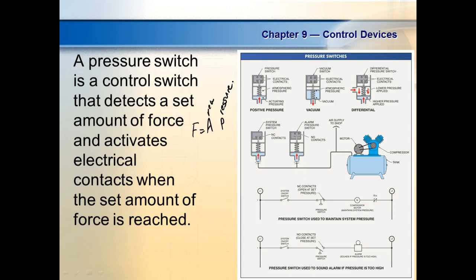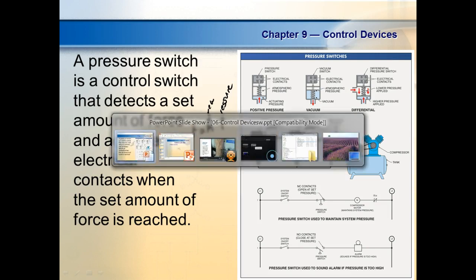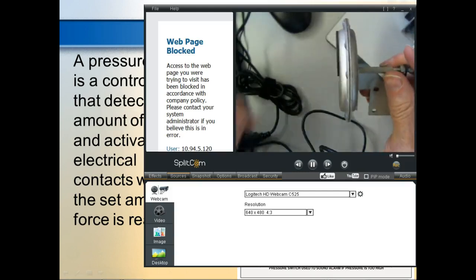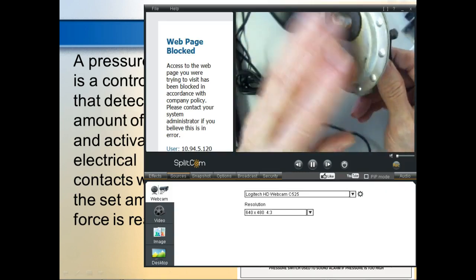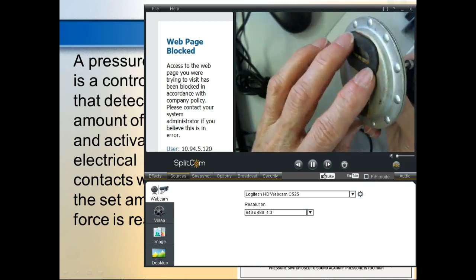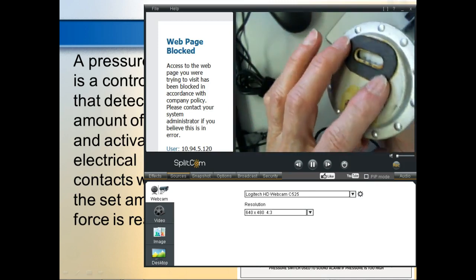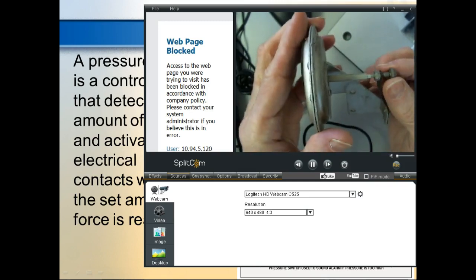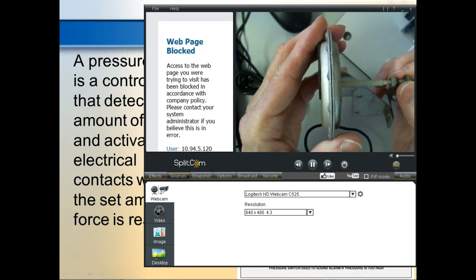This is a diaphragm pressure sensor. This is the sensing element. Now, a lot of sensing elements you have to combine with another sensing device to come up with a sensor. So this is called a diaphragm type. What we want to measure, what we want to set the pressure or detect the pressure to, is mounted against this sleeve right here, and when it pushes, it would cause this rod to extend, right?